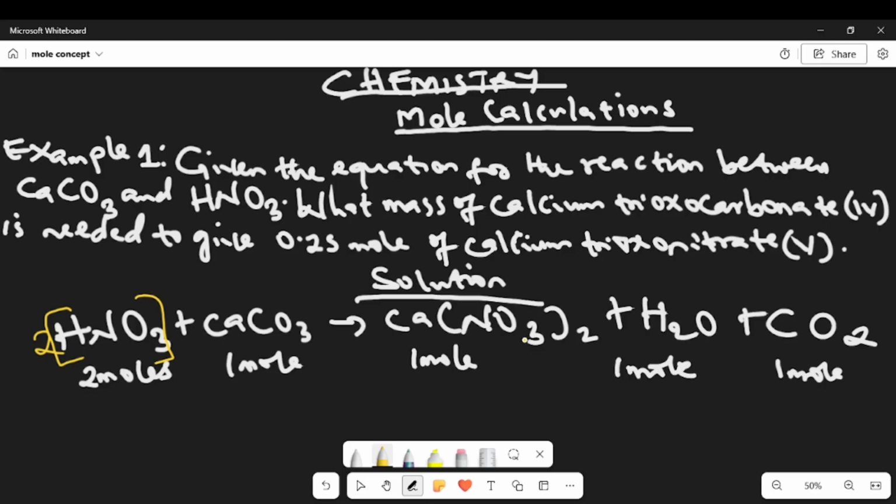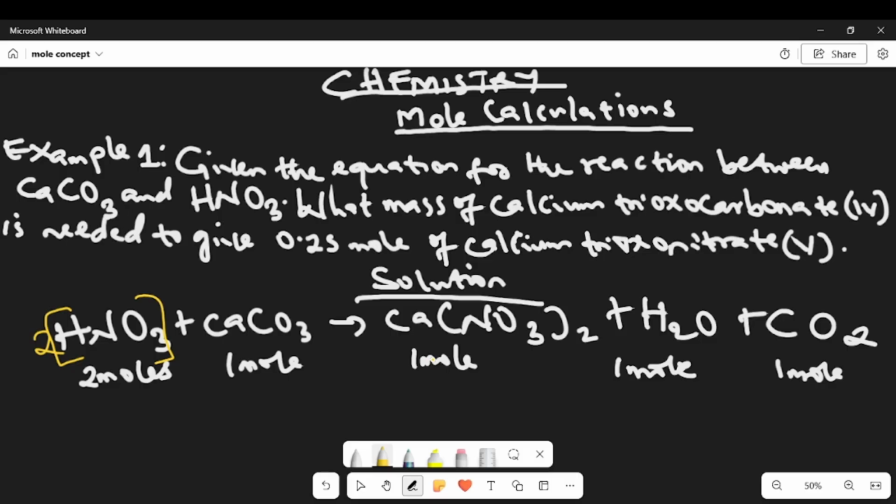And on the product side, in this Ca(NO3)2, you have the 2 outside the bracket governing everything inside the bracket. So you have 2 times 1 nitrogen here. That will give you 2 nitrogen atoms. And here we also have 2 nitrogen atoms.